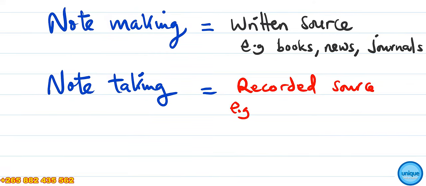Examples atokhala music, or speech a president akuyankhula ka muli meeting, you are taking some notes, something like that. So that's the difference between the two. Note making from written source, and note taking from a recorded source.